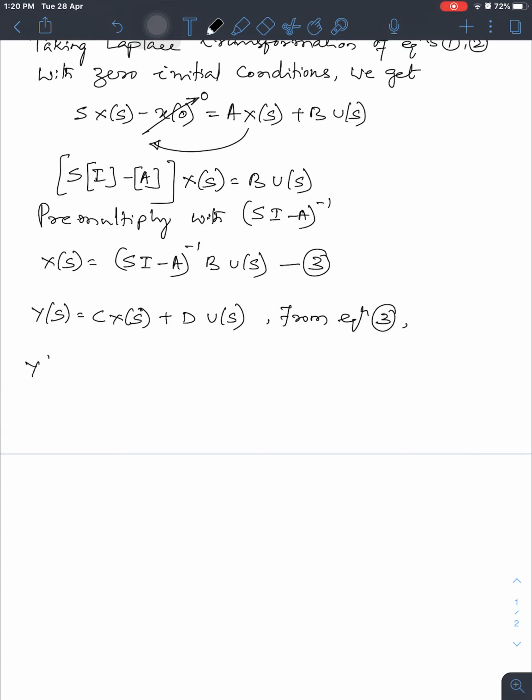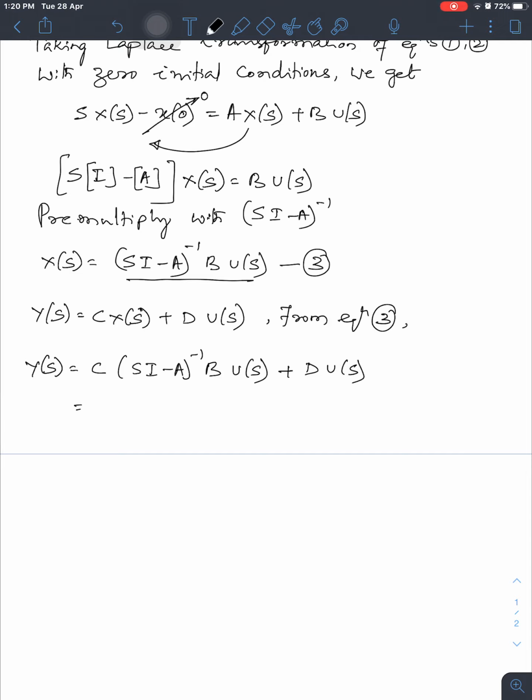Y of s equal to C into, for X of s we will substitute this, that is (sI minus A) inverse into B into U of s plus D into U of s.